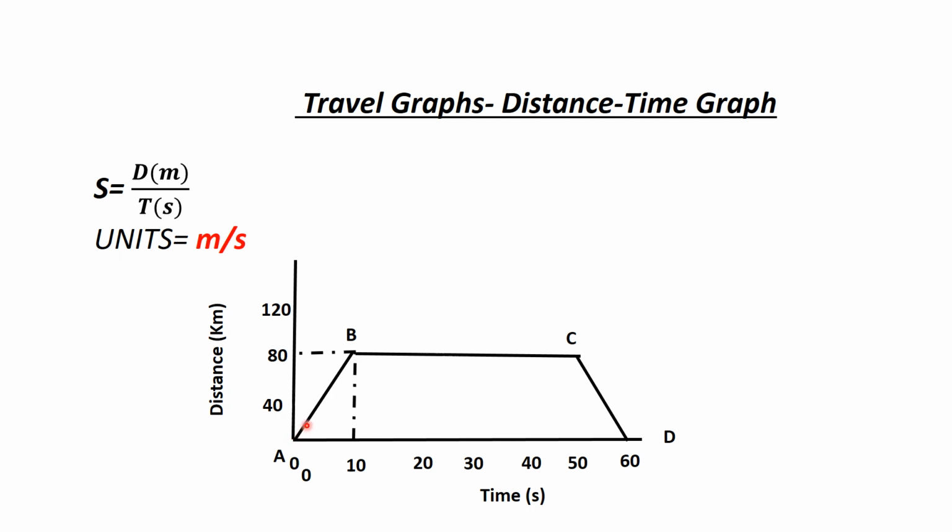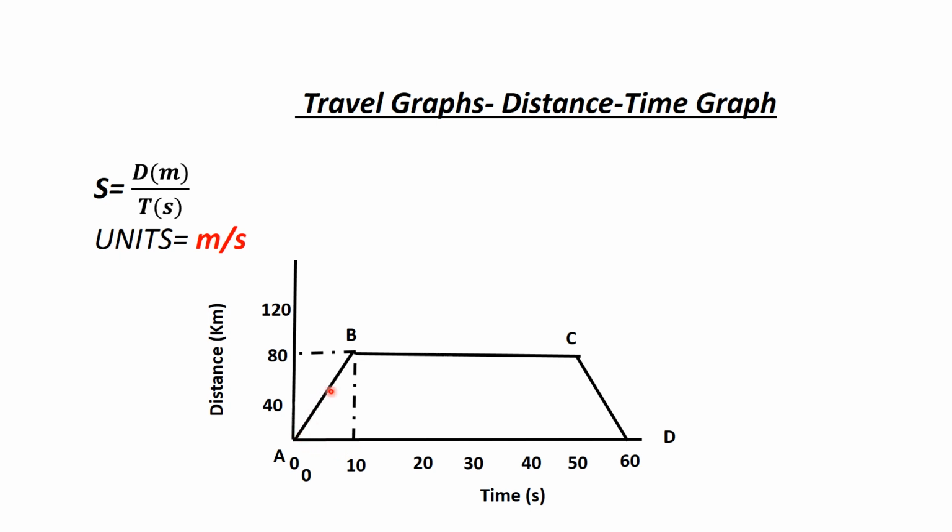If the graph is going like this, it means there is an increase in distance with time. When it reaches here, you can see that this person has covered 80 meters in 10 seconds, or if it's a car, it has covered 80 kilometers in this case in 10 seconds.